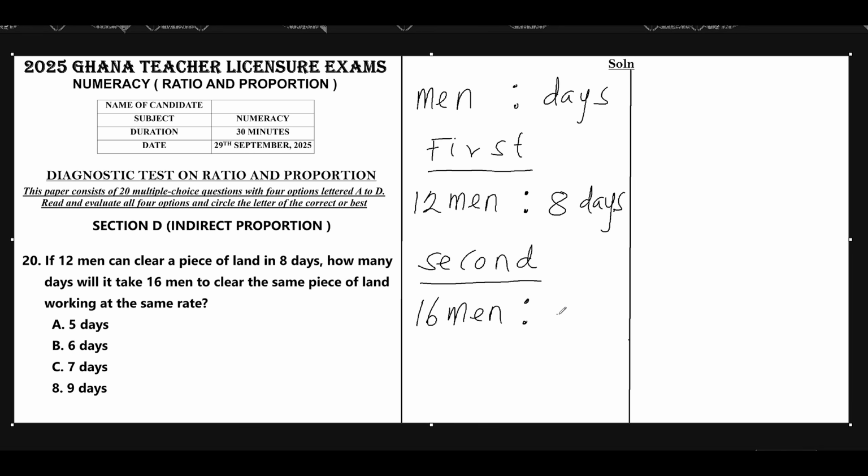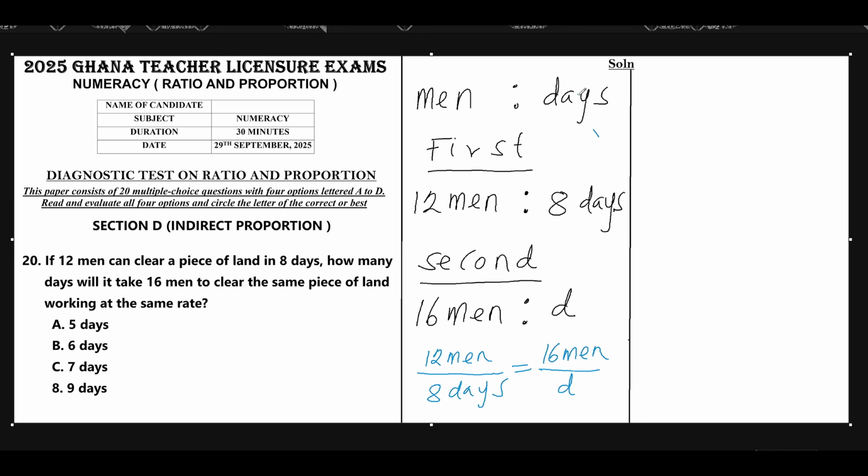So let's represent the number of days as d. So let's change the ratio into common fraction. So 12 men is to 8 days. That gives 12 men on 8 days. And the second scenario, we have 16 men on d. So we introduce the equal sign.